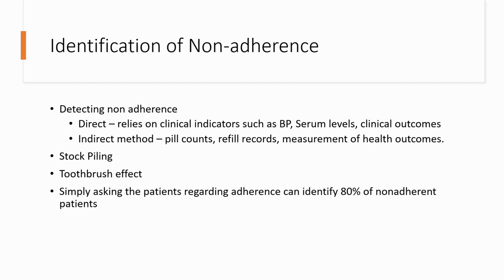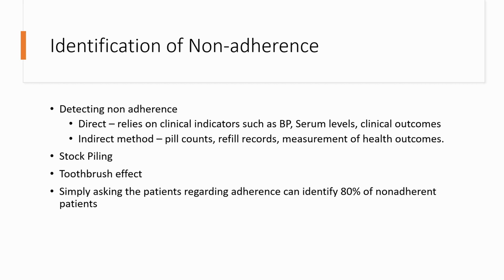So most of the time, you won't have access to this data, but what you have access to is our indirect method, such as pill counts, refill records, measurement of health outcomes. Like for example, you ask to get the blood pressure of the patient and it's not improving. Or if you ask how many drugs are left in your medication.